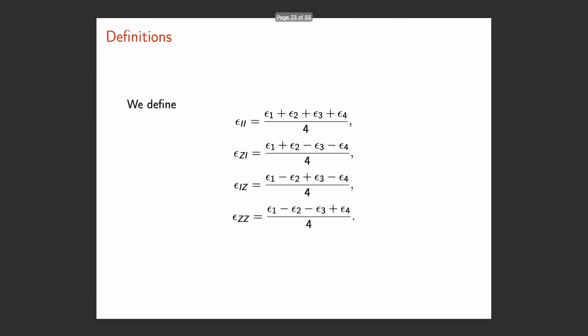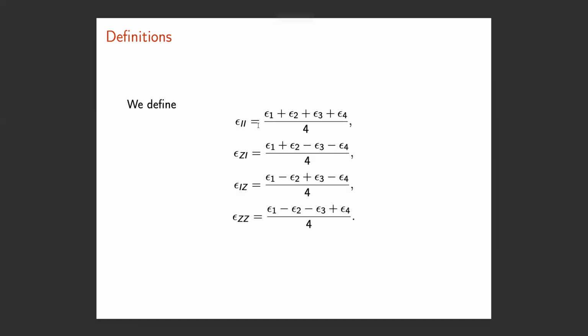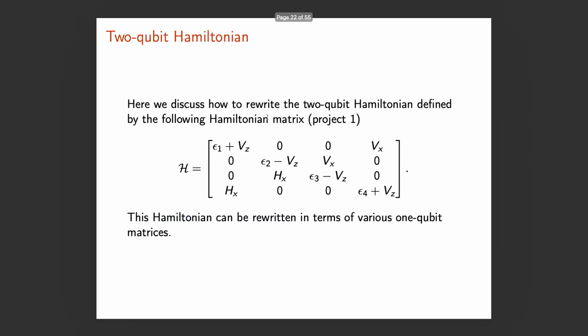So what you need to do is use some small tricks where you can rewrite the matrix. I'm just listing them here. That means that you can rewrite that Hamiltonian, which previously has a diagonal part. Every one of these epsilons, epsilon 1, epsilon 2, epsilon 3, and epsilon 4, are the eigenvalues for the computational basis states 0 0, 0 1, 1 0, and 1 1.